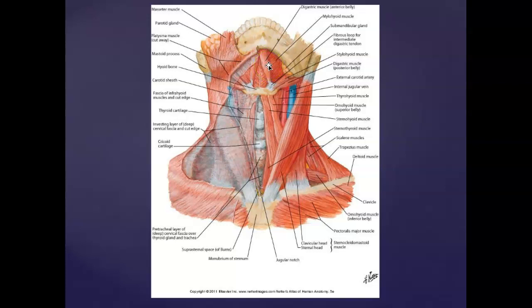This is actually a muscle underneath the stylohyoid and digastric muscle. It has its origin from the mylohyoid line, or the ridge, on the inside of the mandible, and then it inserts onto a midline raphe right between the two anterior bellies of the digastric muscles right here. So kind of on the underside here.